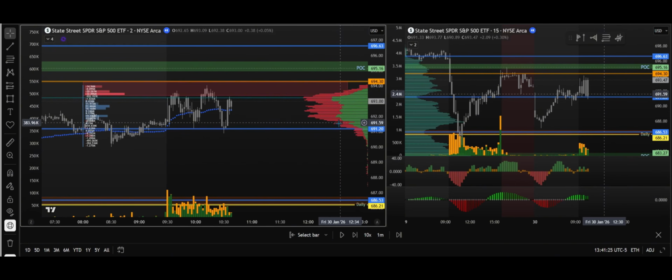Another thing we can say is that the closer we get to the top of the D-shaped volume profile, the more selling pressure there is, right? So we have done videos about this as well. If price comes up here, likely it's going to catch at least some selling pressure.